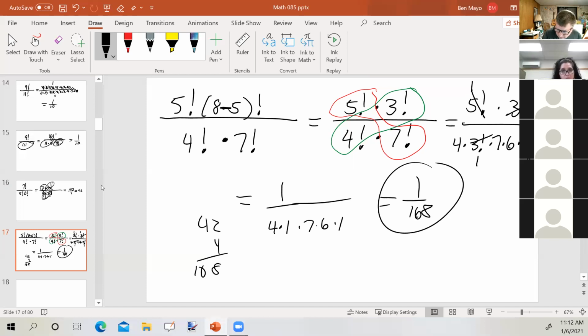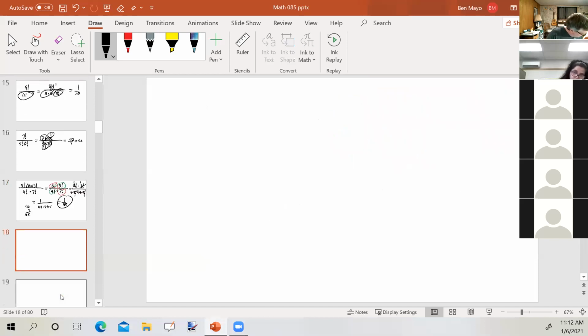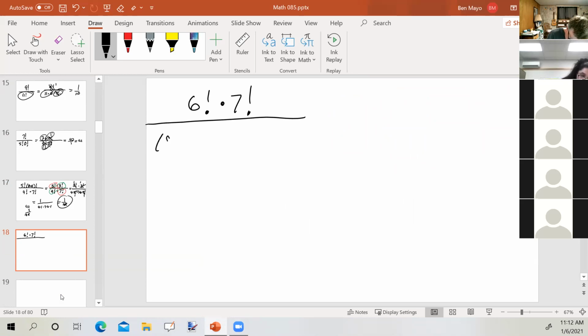Okay, let's look at another one. 6 factorial times 7 factorial over 8 minus 3 factorial times 7 minus 4 factorial.